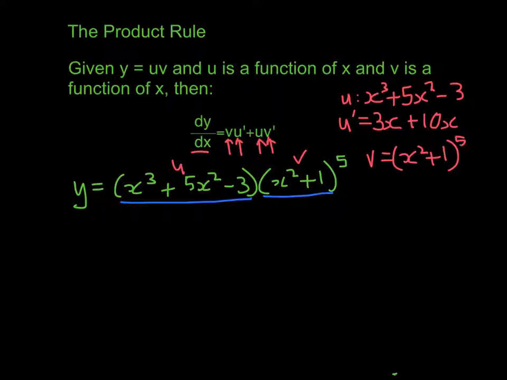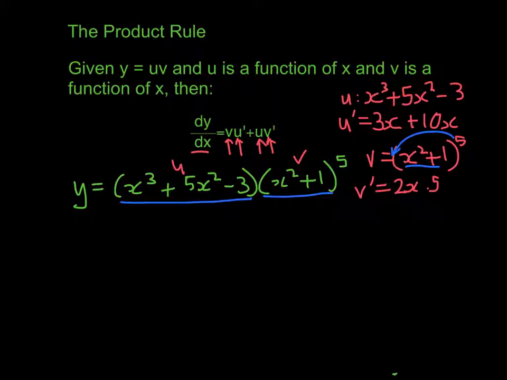Right? And then if I look at v, it is the function x squared plus 1 all raised to the power of 5, and if I find the derivative, v dash or v prime, we take the derivative of what's inside the brackets first of all, and that will give us 2x. We bring down the power that was there originally, that comes down the front, so that gives us a 5.